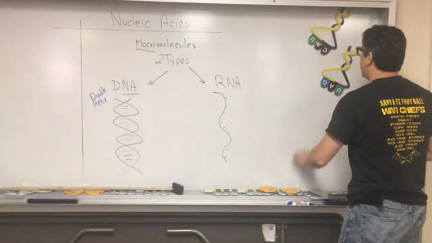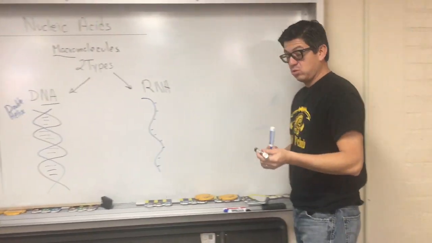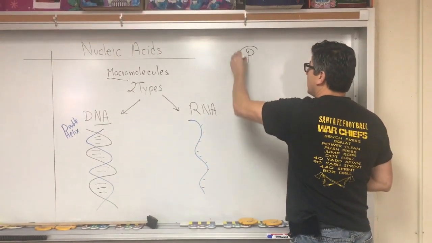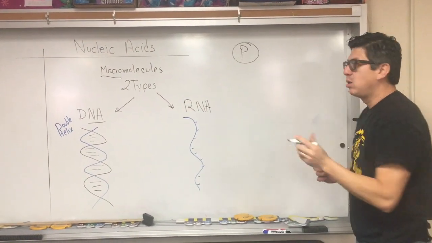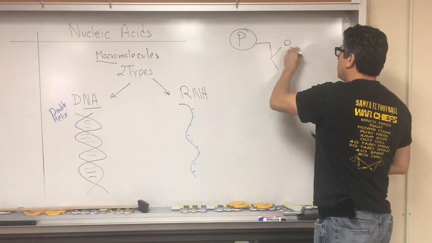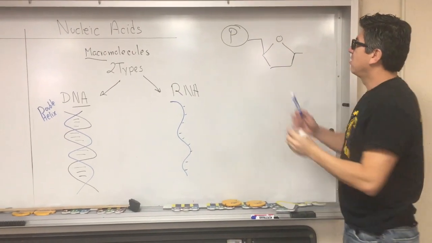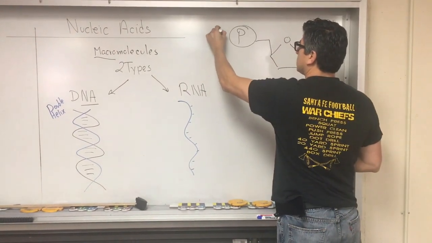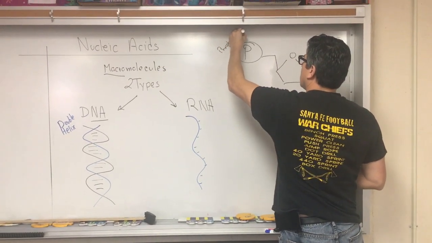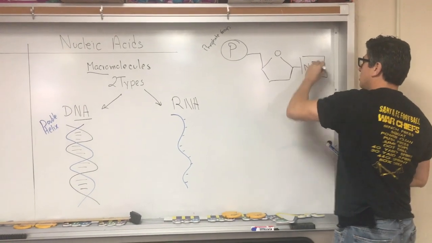Now, let's talk about a nucleotide. In class, we've already talked in detail about the structure of a nucleotide, but I want to make sure we review it. A nucleotide is a tiny little molecule made up of three parts. The first part is the phosphate group. The second part is a nitrogenous base.